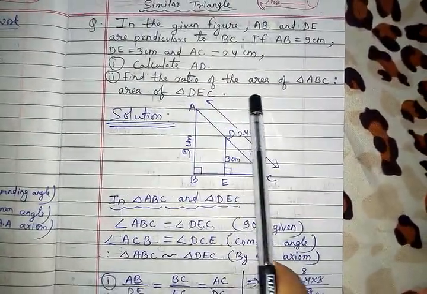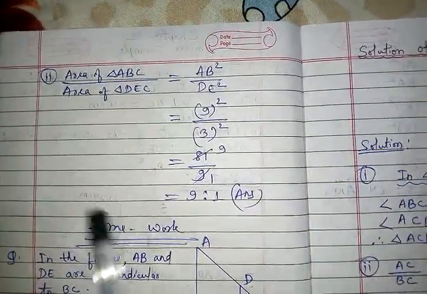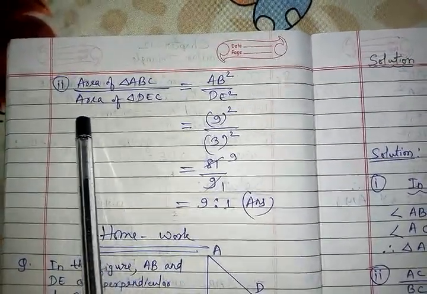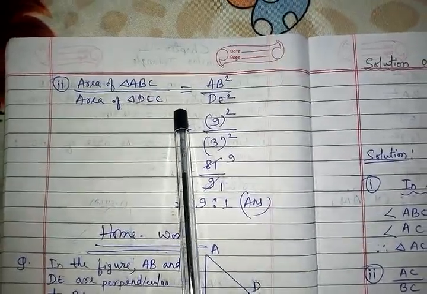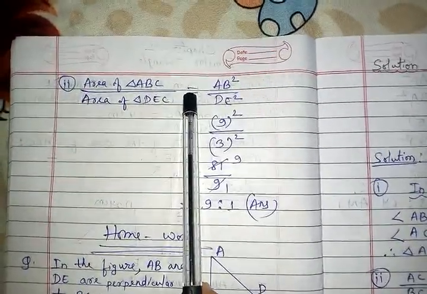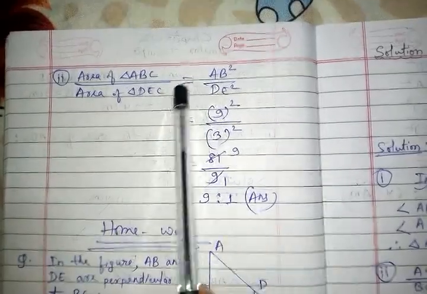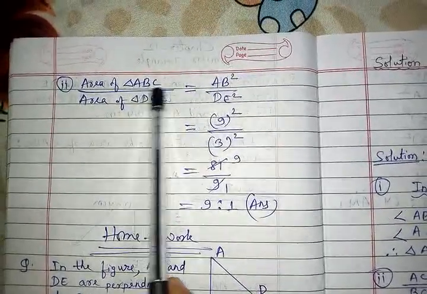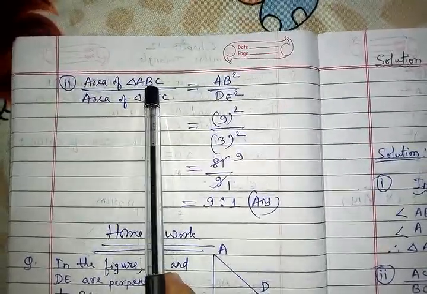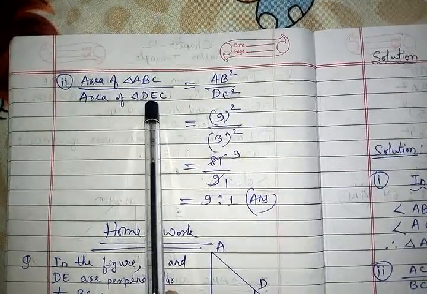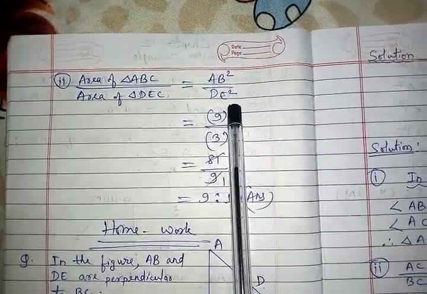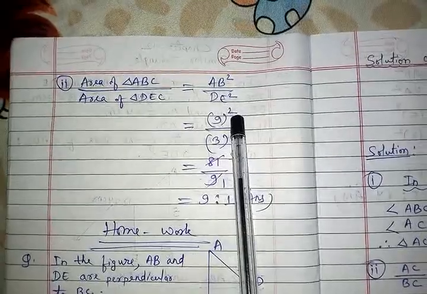Now we will go to the area formula. Area of triangle ABC by area of triangle DEC, because a ratio we can also write in the form of division. Here it is AB square by DE square, because both sides are known to us.